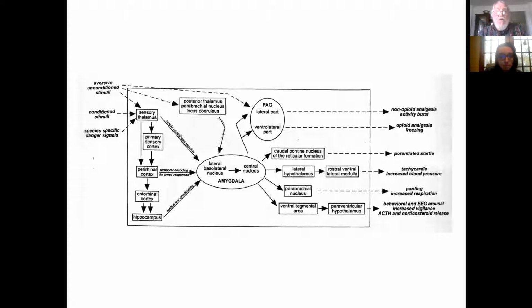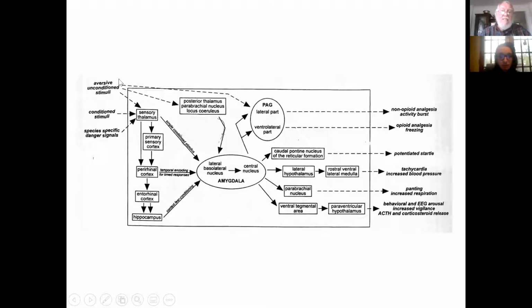So what we can do is see this here in this sort of drawing. Again, you see all of these very interesting inputs coming from the sensory thalamus, coming from the perirhinal cortex. Remember that having to do with things like smell and whatever, then going to the entorhinal cortex, to the hippocampus, where you have things like one trial fear conditioning.